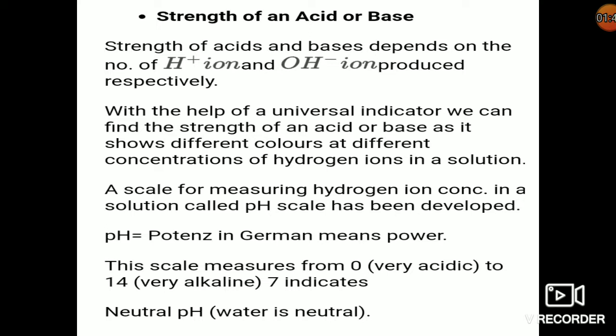So pH gives the mathematical operation for the hydrogen ion concentration in the solution. The pH scale ranges from 0 to 14. 0 is for acidic solution and 14 is for alkaline or basic solution. And the middle value 7 indicates neutral pH, for example distilled water.